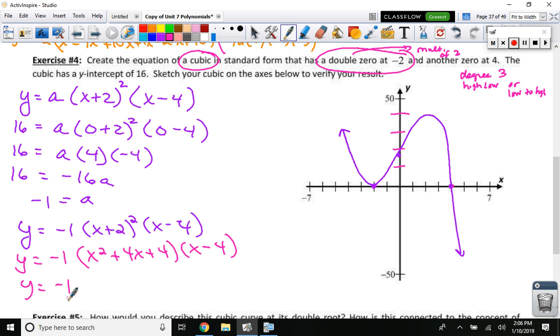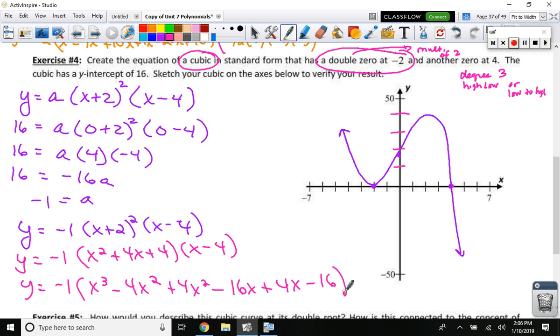Leave the negative 1 alone. Start double distributing with the x squared, right? Parenthesis, x cubed minus 4x squared. Then you gotta go with 4x, right? Plus 4x squared minus 16x plus 4x minus 16. Still have a parenthesis around it, because I still gotta distribute that negative 1.